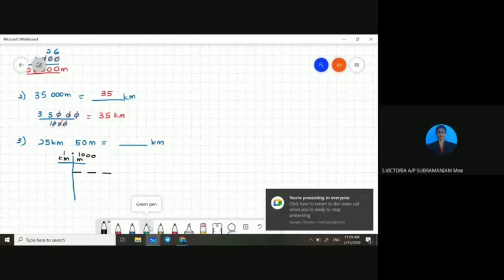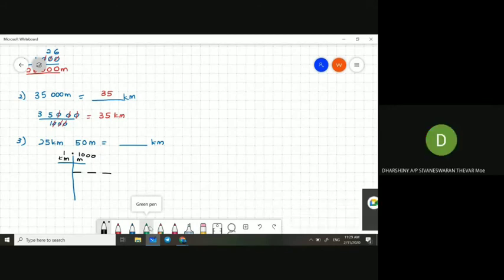Okay, so this is the T method we are going to use to solve this question. When you see this 25, in which house? Kilometer house. So we just write that 25 in the kilometer house. How about this 50? This is meter, small unit.